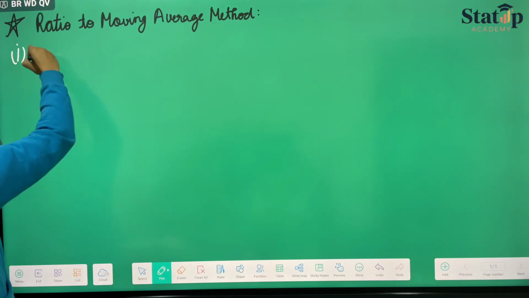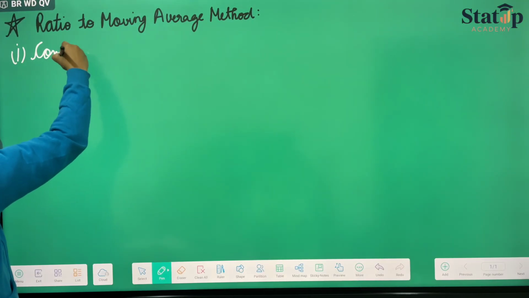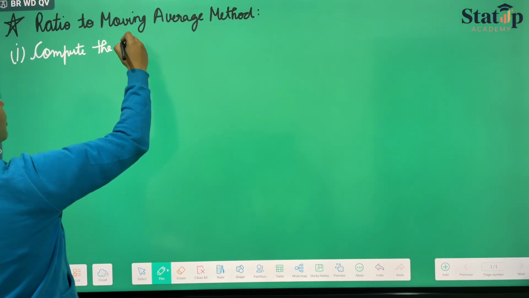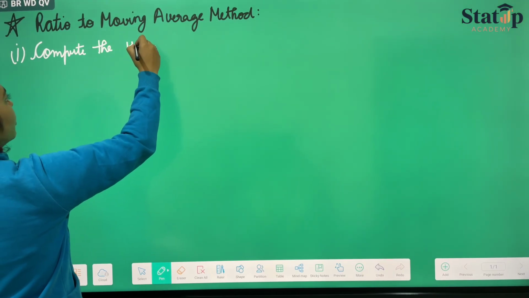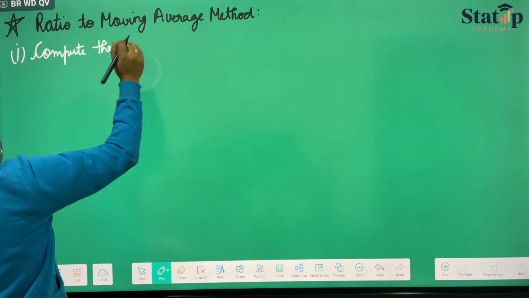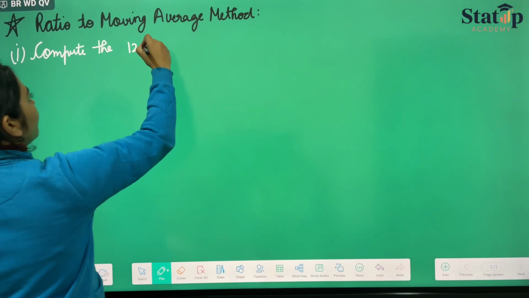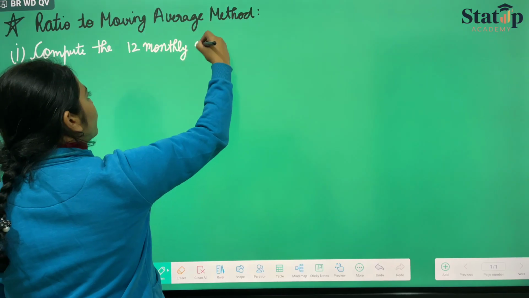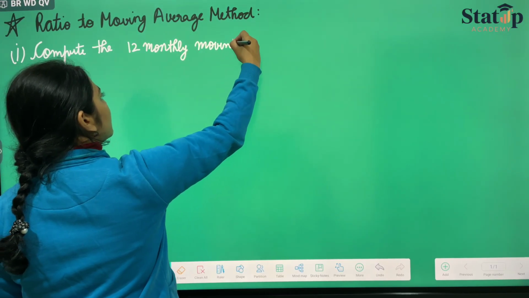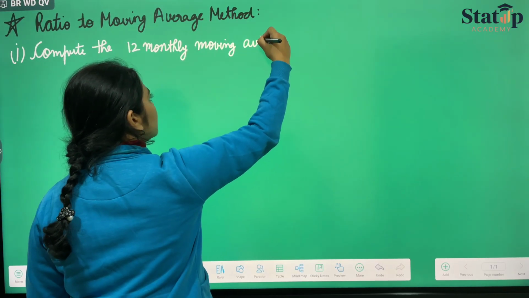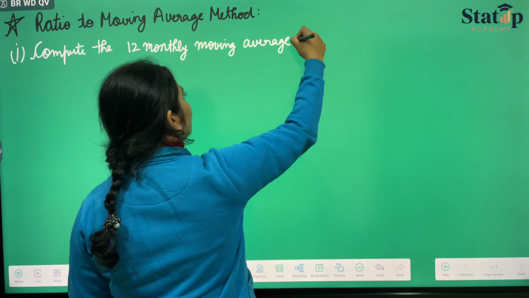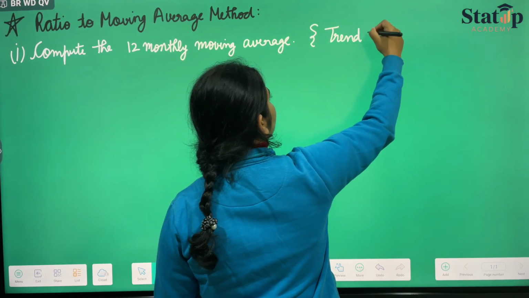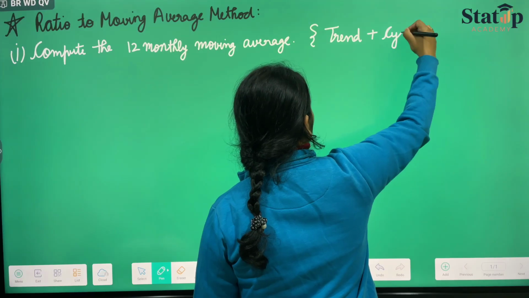So first is compute the yearly, 4 quarterly, or 12 monthly moving average. So first of all, we'll compute the moving average, which consists of trend values plus cyclical variations.